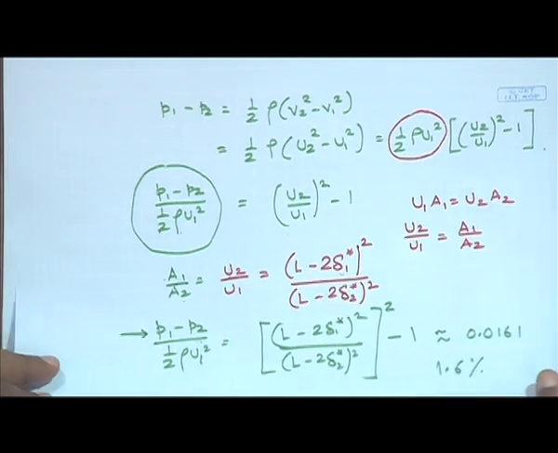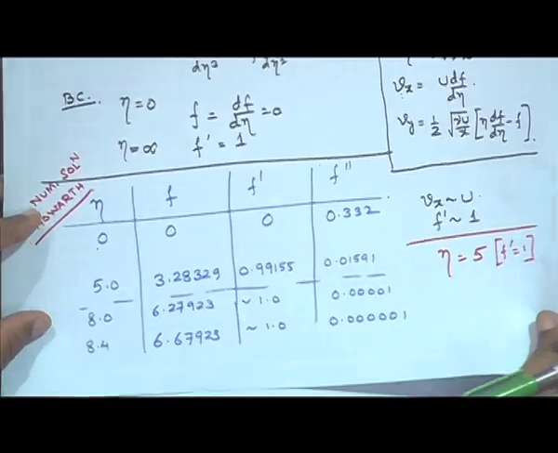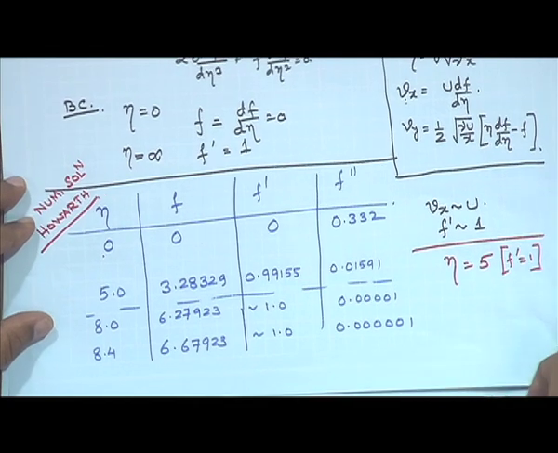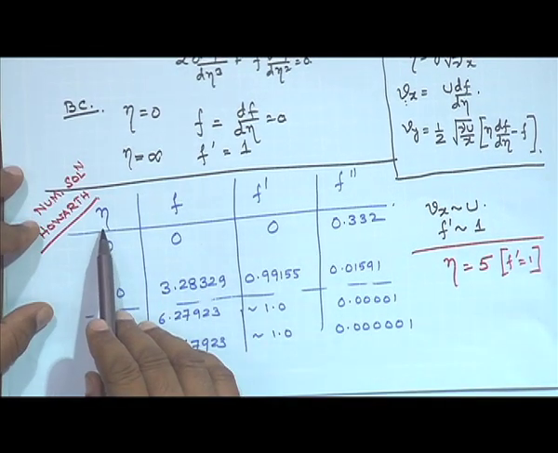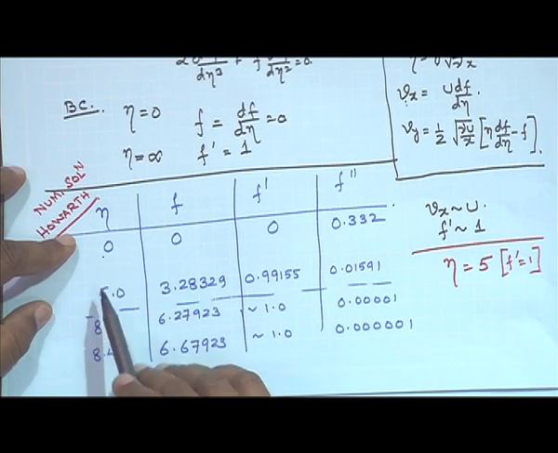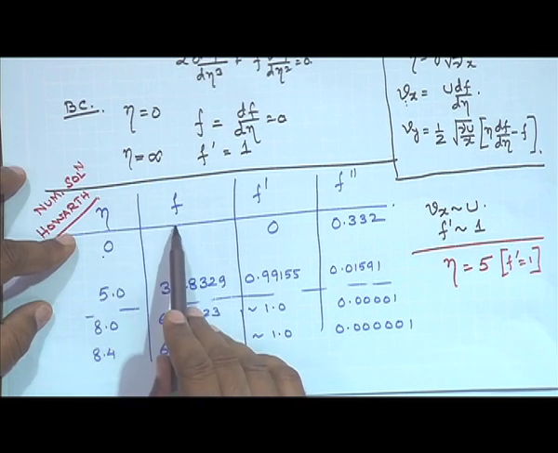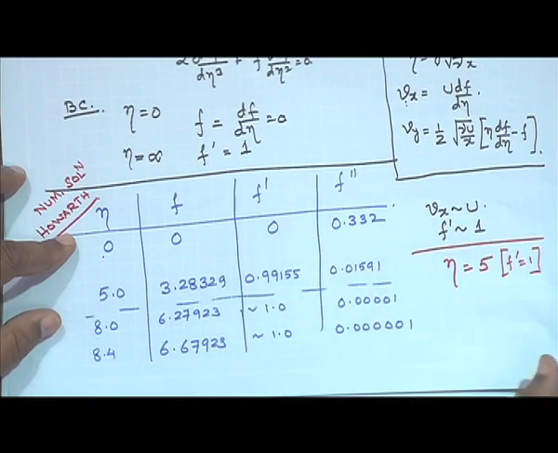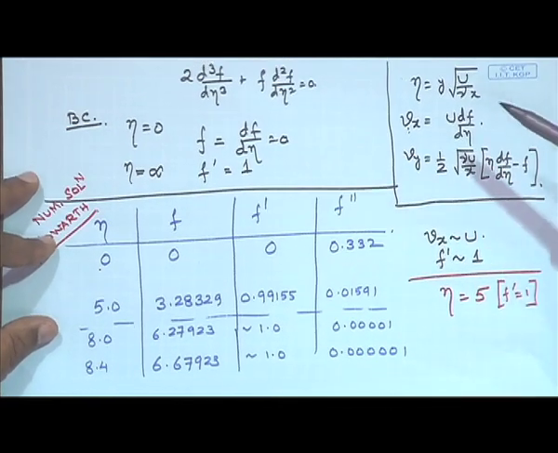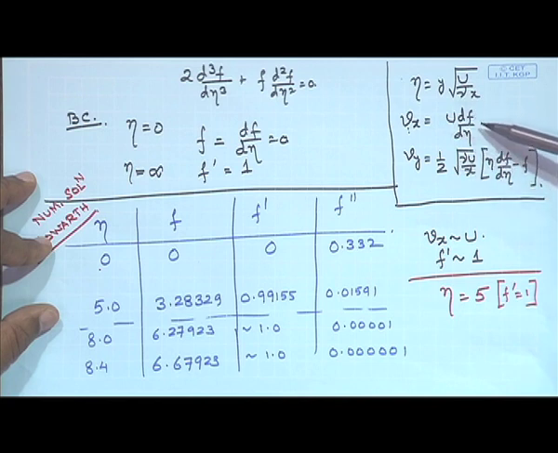So we'll move on to our next problem now, and this problem tells us that the numerical results that we have obtained, this is the numerical results of Howarth, contain the value of eta. For any value of eta, the corresponding values of f, f prime and f double prime were provided, and we also know the expression for Vx, the expression for Vy, and so on.